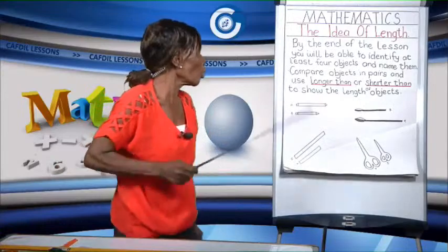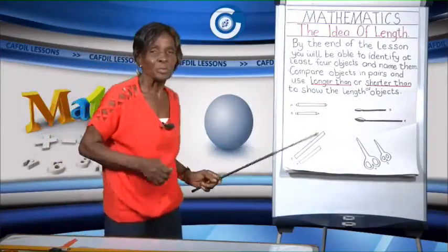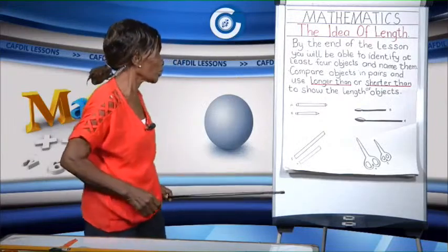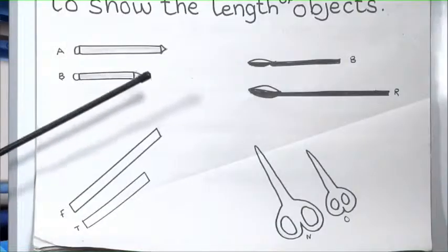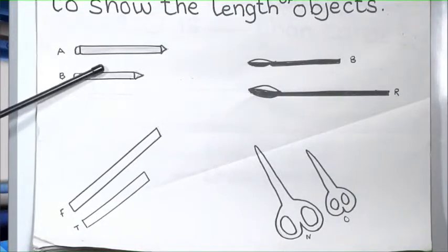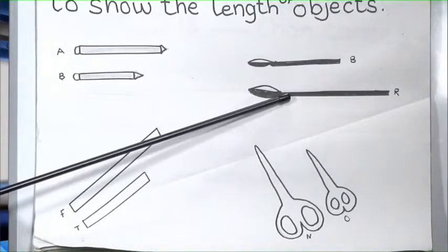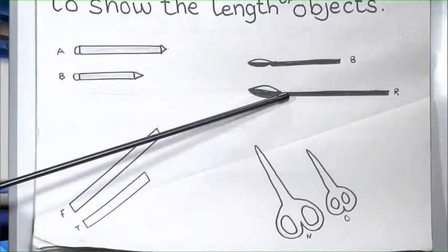Now, let's go to the board and describe. Our first set of pictures is what? Pencils. Good. The next, spoons.